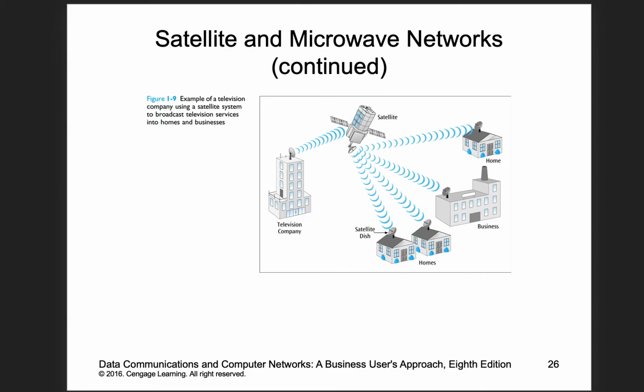Here we have the satellite and microwave network, right? For example, a TV company wants to transmit its signal over to houses or businesses. It uses the satellite.